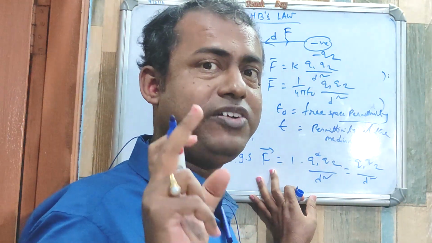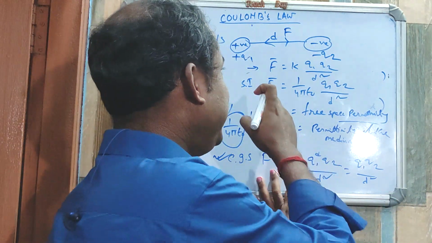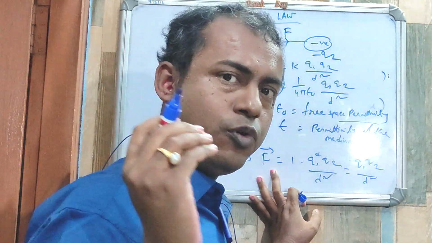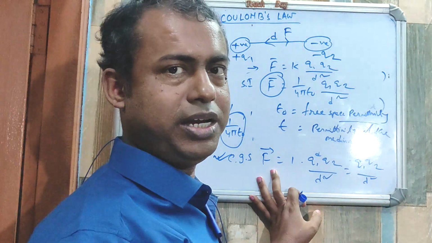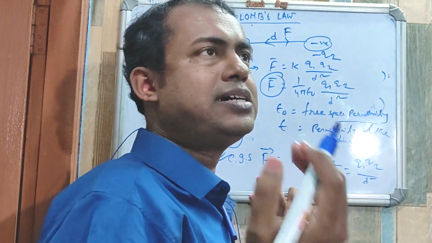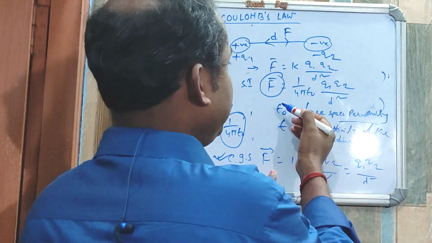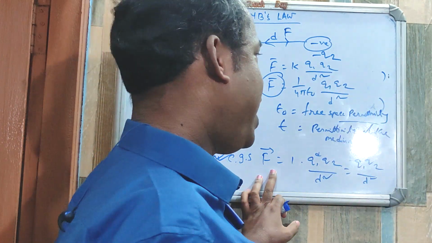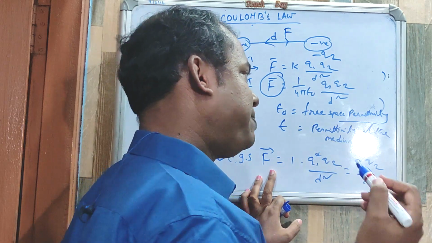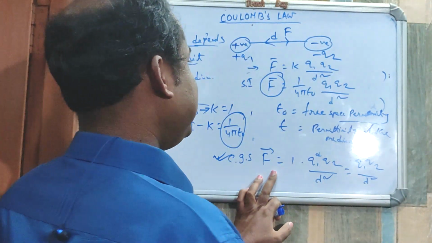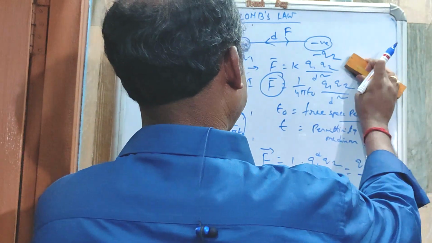The medium is a very essential part. The force of attraction depends on the medium; if the medium is different, the attraction force is also different. So epsilon 0 is the permittivity of free space, and epsilon is the permittivity of the medium. Now we describe the absolute permittivity.